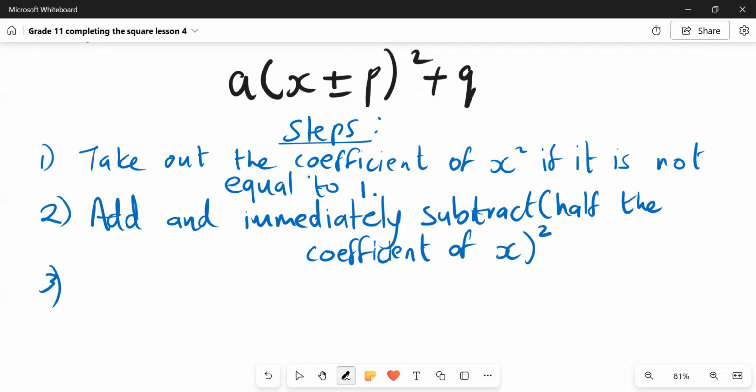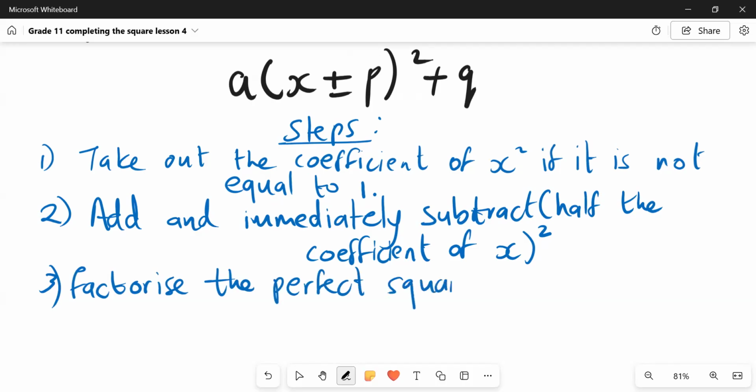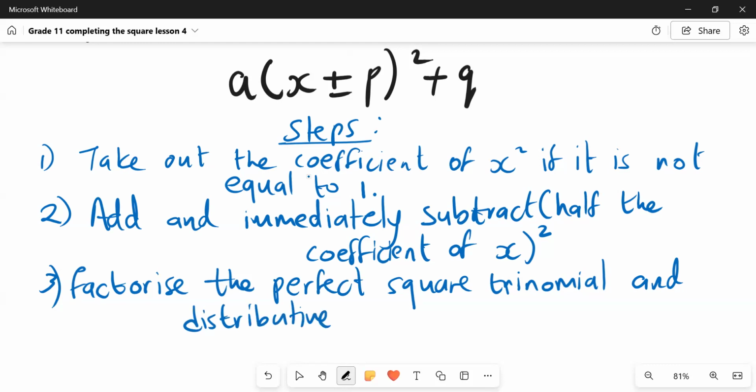Number three, you factorize and distribute the coefficient of x squared.